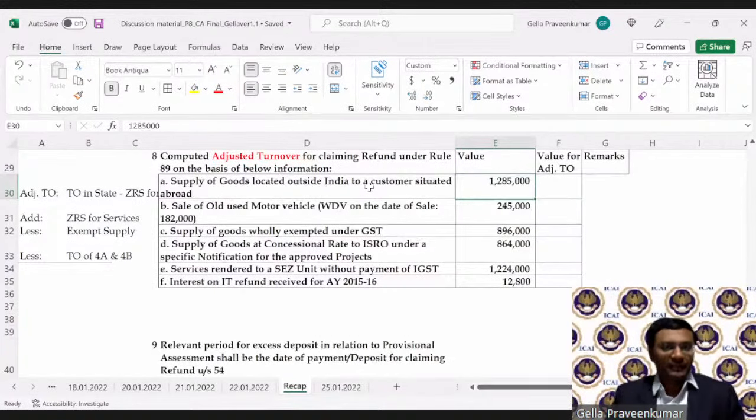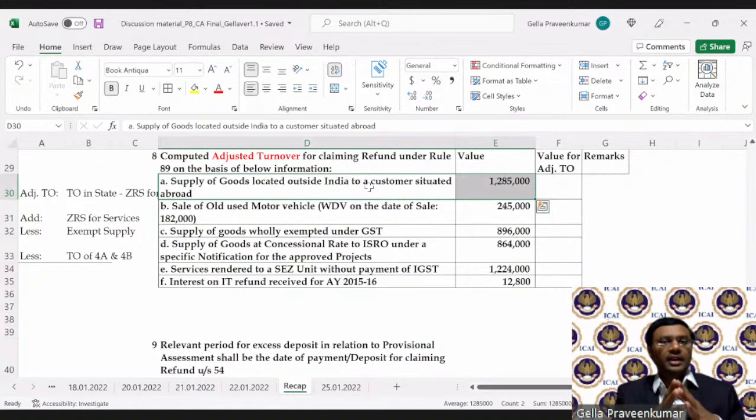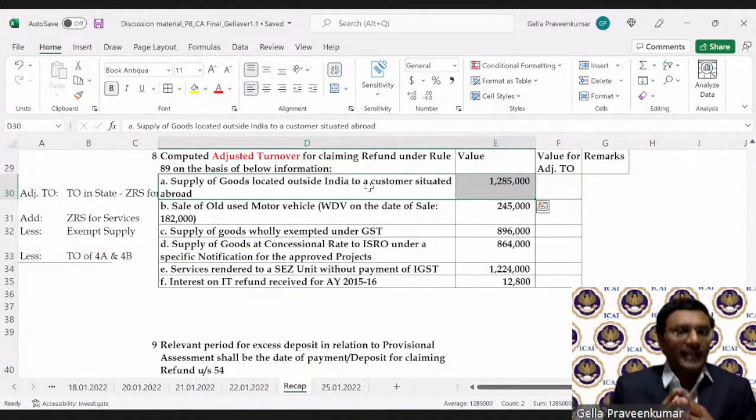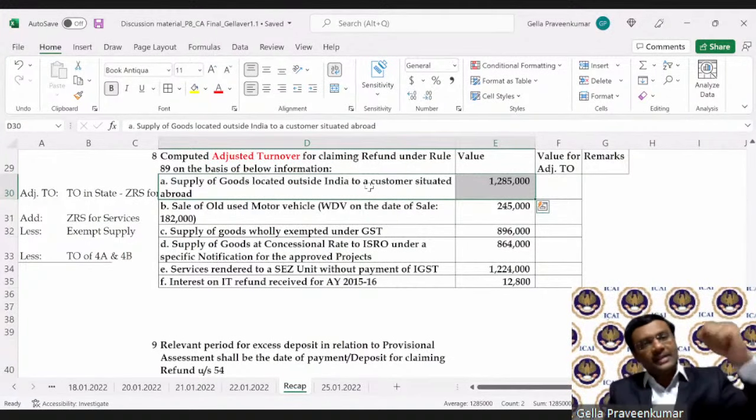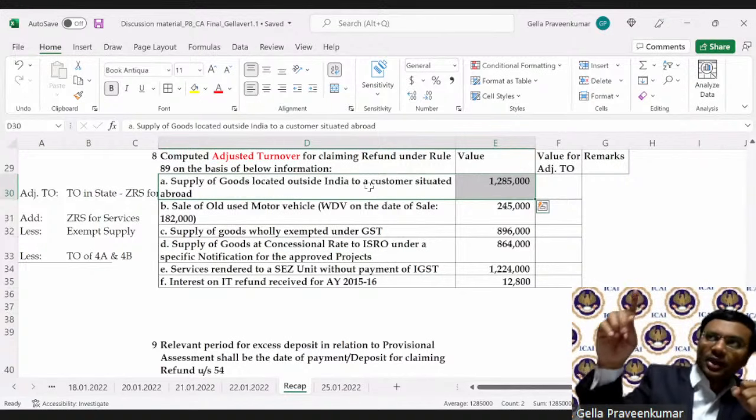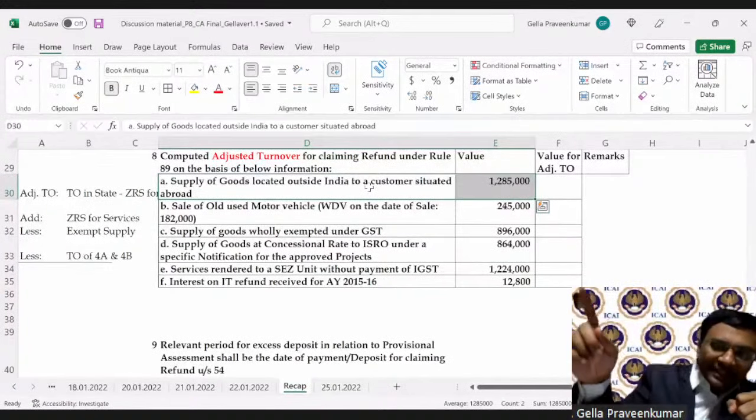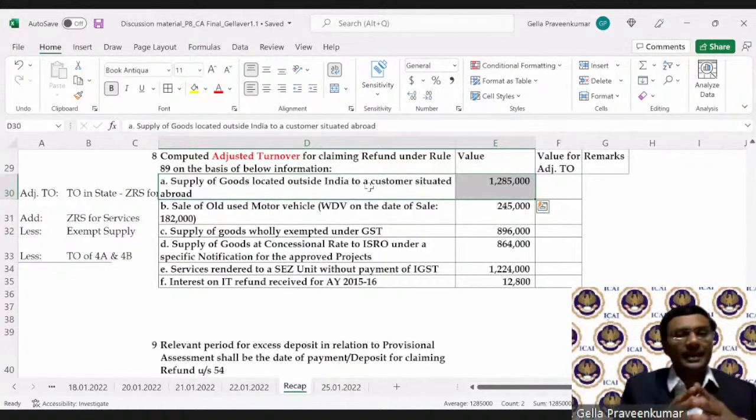Now, to start with, first transaction: supply of goods located outside India to a customer situated abroad. Now, students, I draw this transaction to clause 7 of Schedule 3. If you refer to Schedule 3, supply of goods which are located in a non-taxable territory to a person in a non-taxable territory.